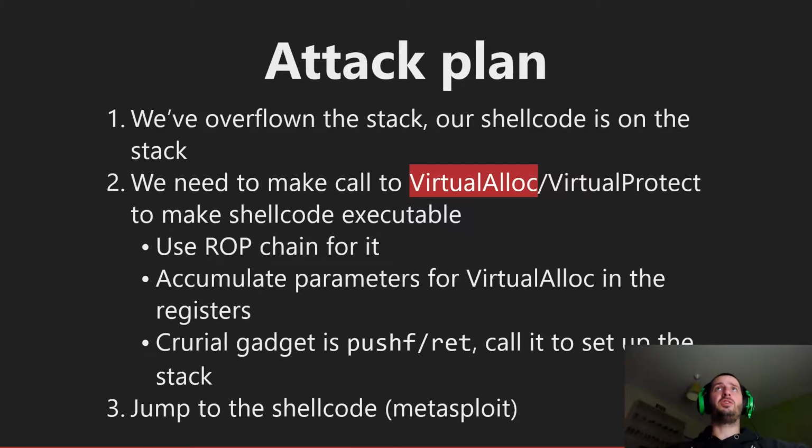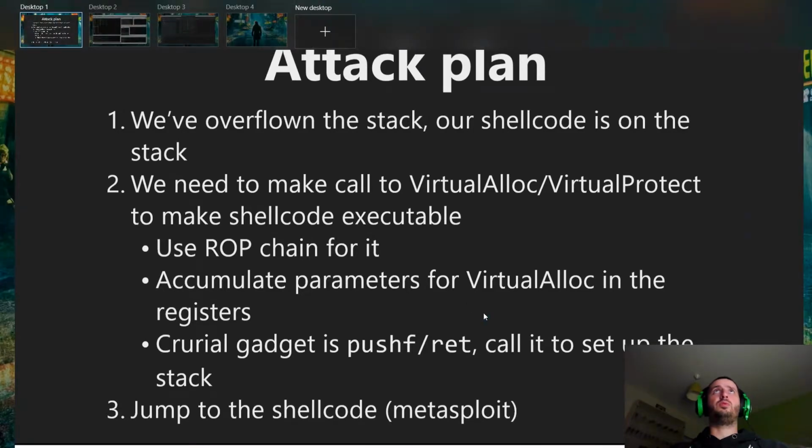So the trick here is to use the PUSHAD gadget. It pushes registers on the stack and returns to some address. So if you don't have that kind of gadget, probably you will have problems exploiting your program. So this is the theory, and let's move to the practice.